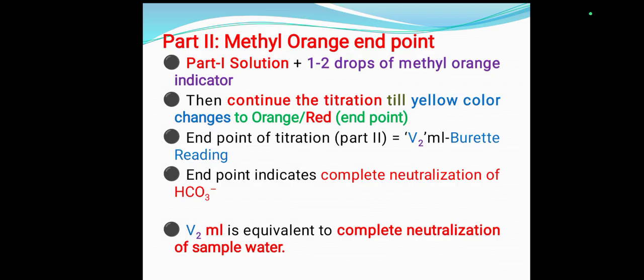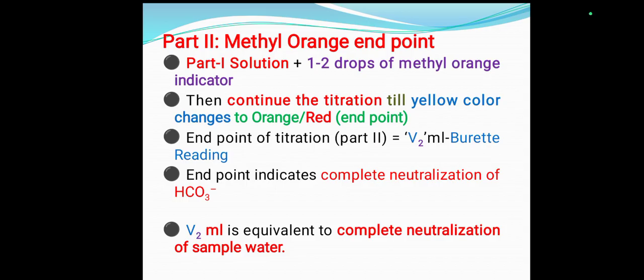You will get a yellow colored solution, and you have to continue the addition of acid from the burette. I used the word continue: it means you start the addition of acid from the V1 burette reading that you got in part 1, not from 0, till the yellow color changes to orange or red.